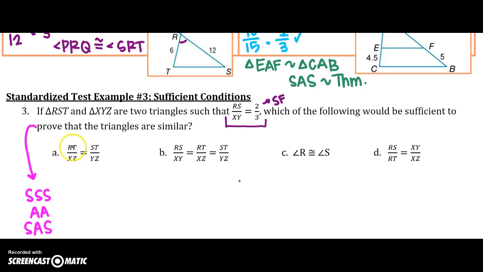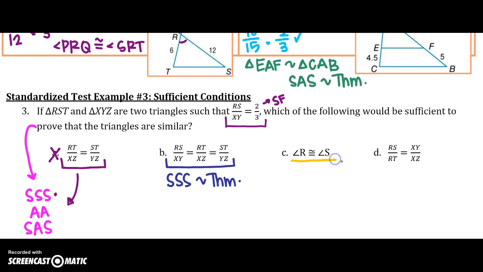The first one, I'm only given that 2 sides are proportional, but if I look down here, I need at least all 3 sides, so that one is out. The next one is saying that all 3 sides are proportional, which would allow us to say that the SSS similarity theorem could be used, so that's an option. All right, let's keep that.